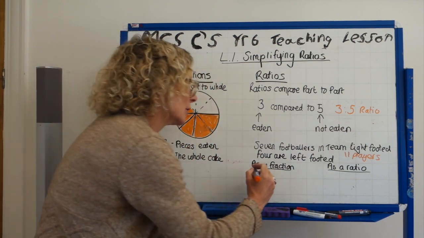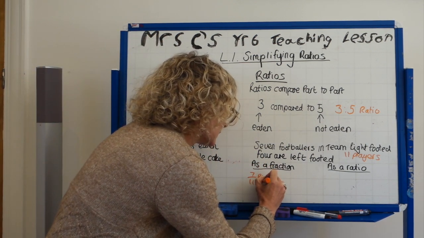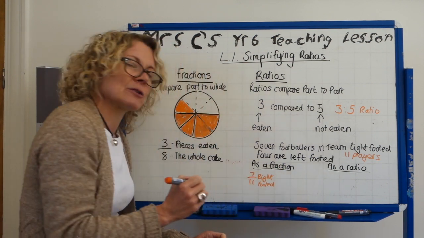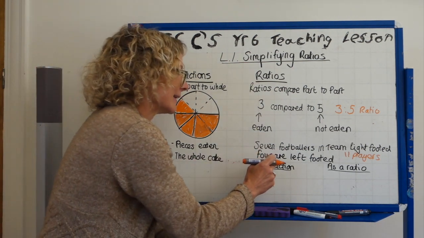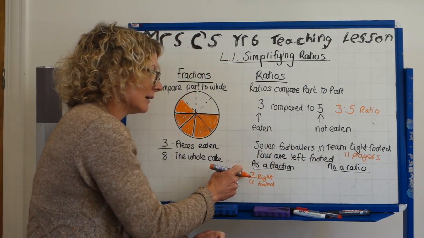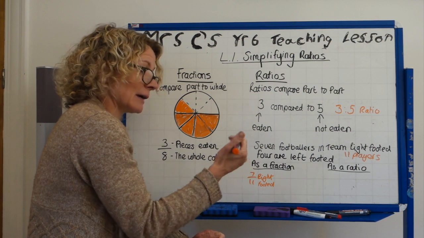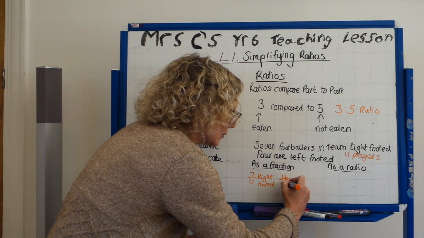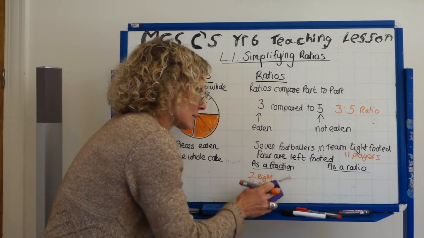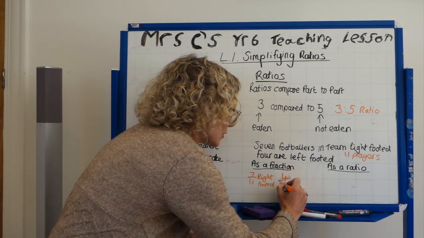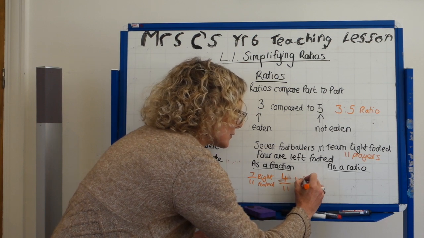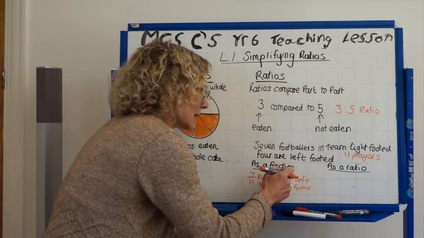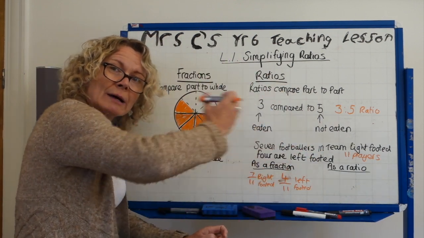That is your fraction of right-footed. So the fraction of left-footed are 4. 7, 8, 9, 10, 11, 4 remaining. So, I'll just redo that. 4 out of the 11 are left-footed, therefore. So we are comparing the amount to the whole amount in the team.